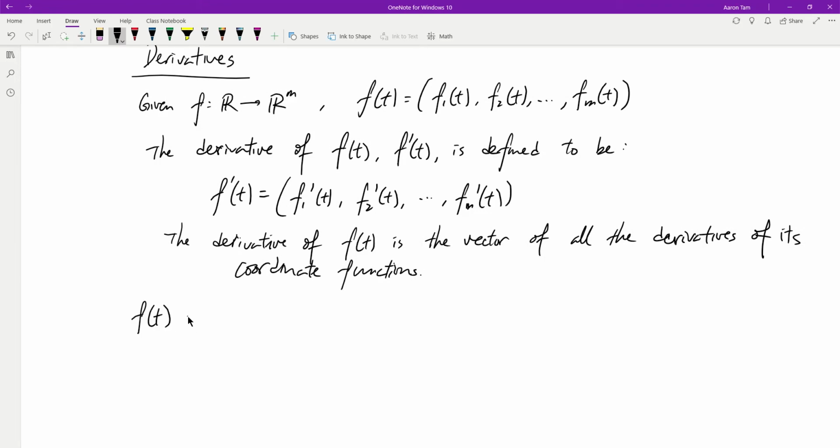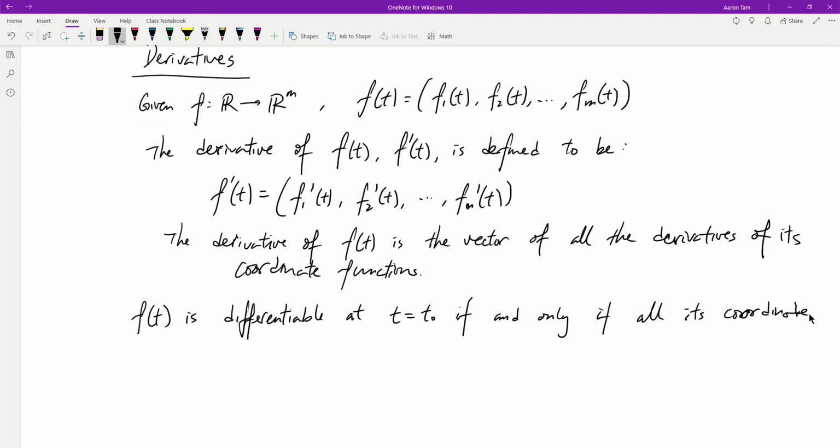F of t is considered to be differentiable, meaning its derivative exists, at t equal to t sub 0, if and only if this is true: if and only if all its coordinate functions are differentiable at t equal to t sub 0.